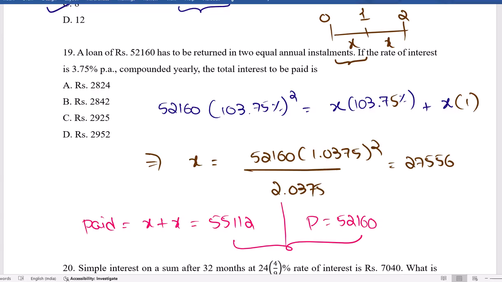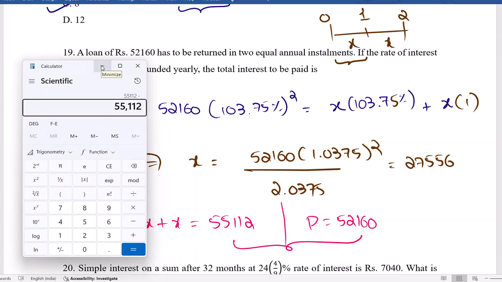You took a loan of 52,160 and you are paying the extra amount, which is 2,952. Right, so you can check it out. If you remove 2,952, you will get 52,160.